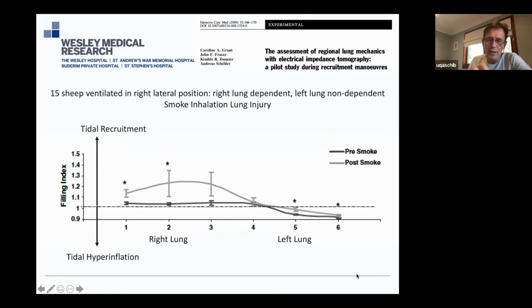line, the darker line, is the so-called filling index, measured in a sheep lying on the right side, so the right lung is dependent. The darker line is the filling of the lung when the lung is healthy. You can see that when the filling index is above 1, there's slight tidal recruitment occurring.